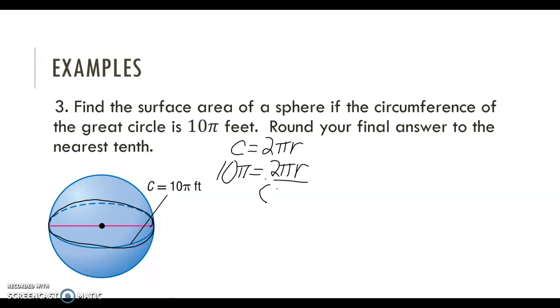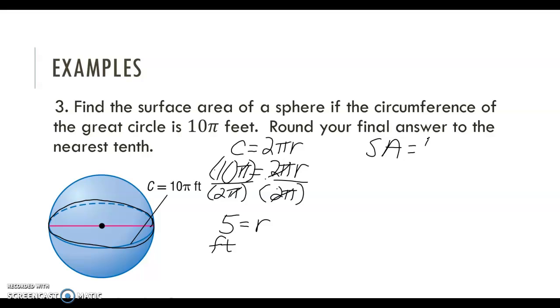I'm going to divide both sides by 2 pi. So remember when you're dividing, if you're typing this right into the calculator, put everything in parentheses, or you can see that the pi's will simplify out, leaving us with a radius of 5 feet. Now we're going to use that radius of 5 feet in our surface area formula.